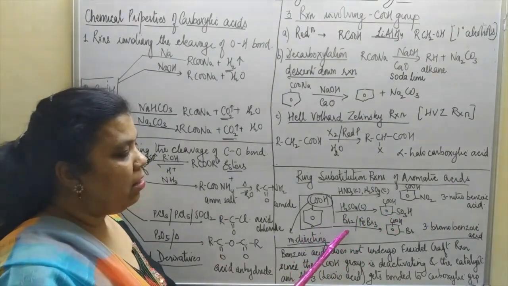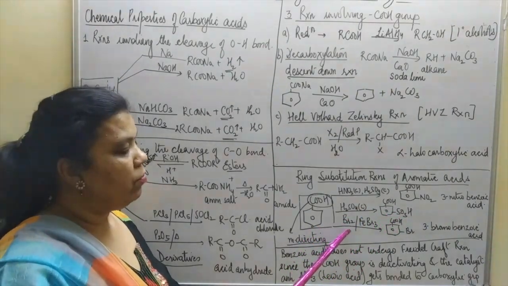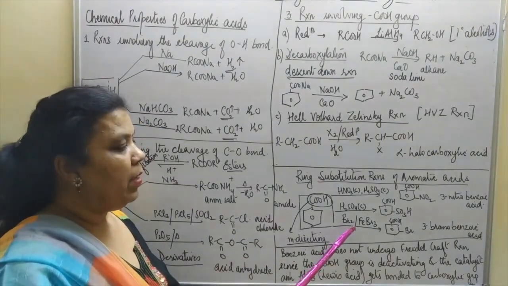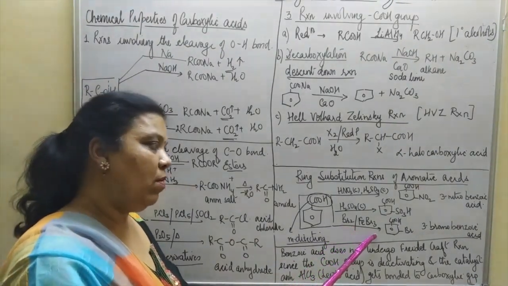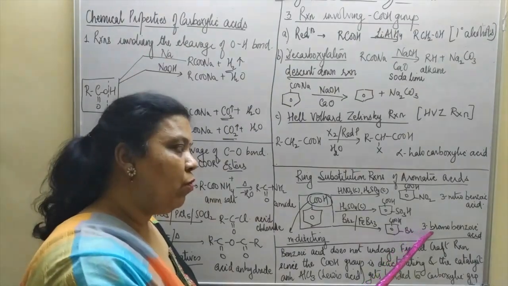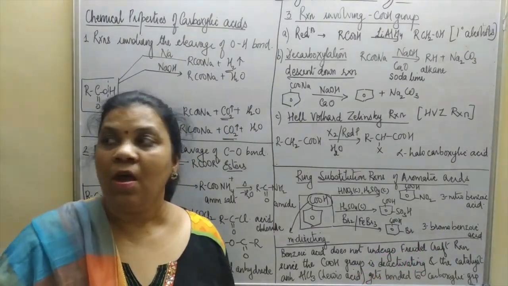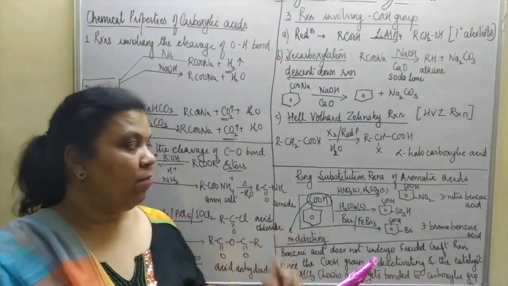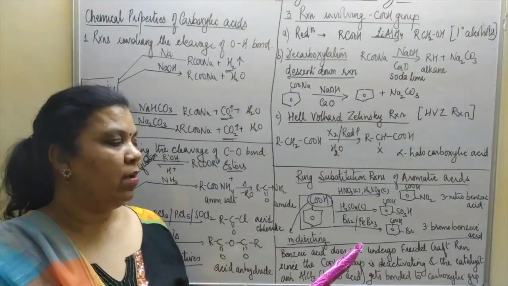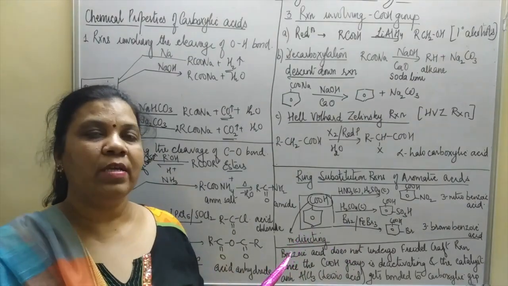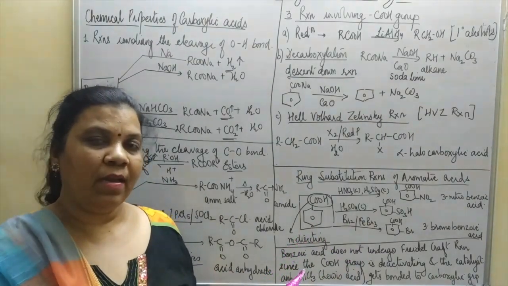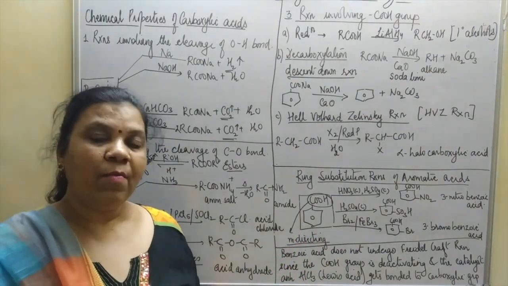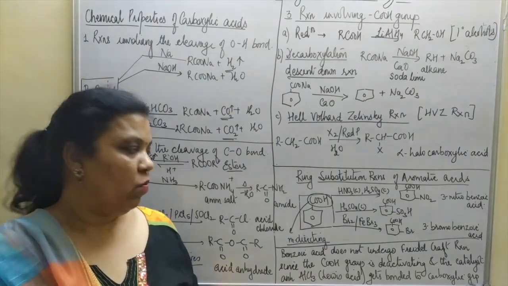In the same manner, if you subject it to bromination, Br2 in presence of FeBr3, then it will convert into 3-bromobenzoic acid, commonly called meta-bromobenzoic acid. So it will give you meta derivatives. Why? Because the directing influence of the COOH group is that it is meta-directing, and remember it is deactivating also.